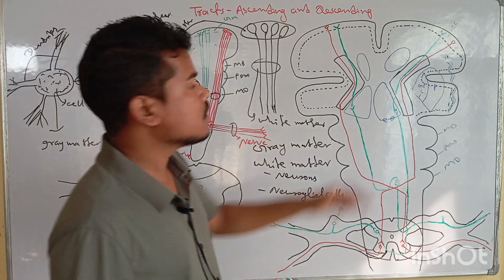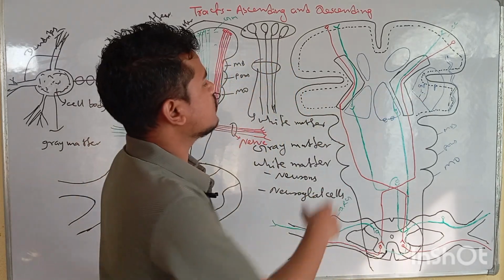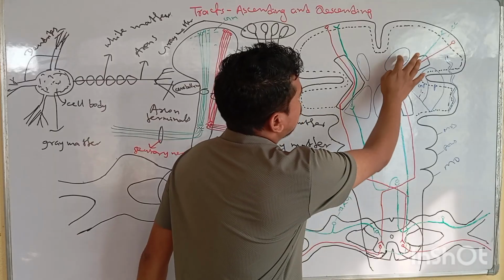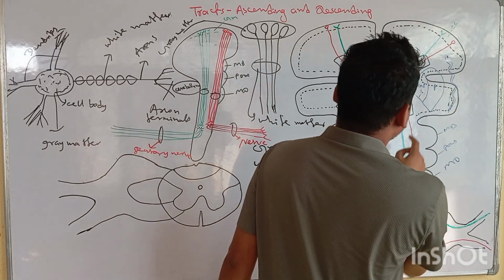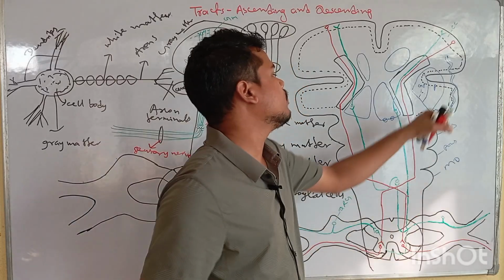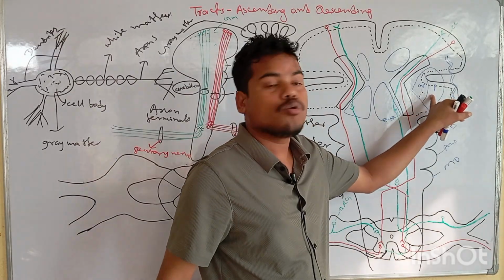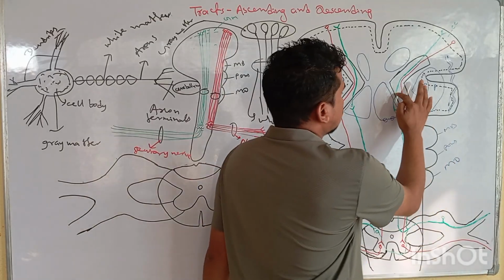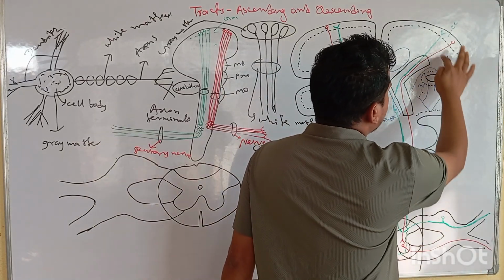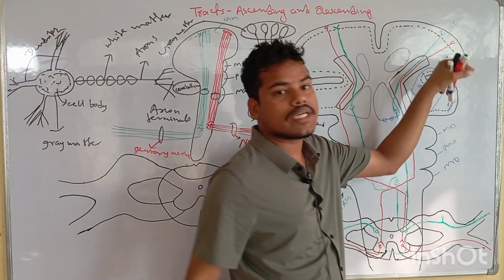So that is one thing, and another thing is that this is the internal capsule, this is the caudate nucleus, and this will be the lentiform nucleus, having the outer putamen and inner globus pallidus, and there is the internal capsule. So there must be something called the external capsule too.